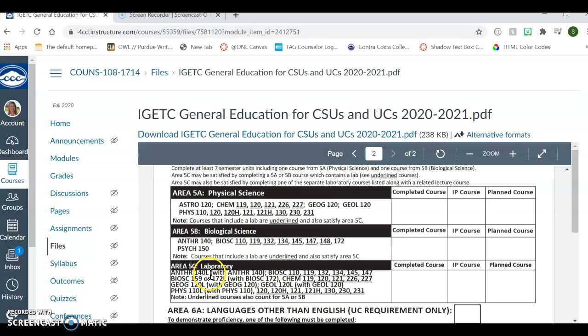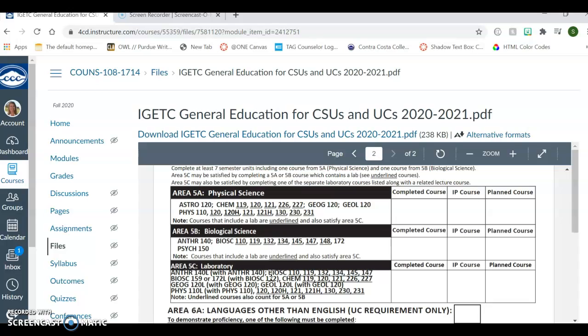However, you can add the lab down here in order to meet that. Non-science majors might take, for example, Geography 120, and then add the Geography 120 lab, and then add Anthro 140 without a lab. There's a lot of different combinations you can do to complete this section, and I'm happy to talk to you about that.